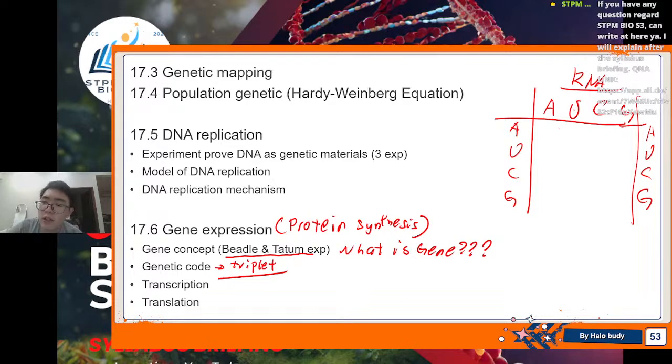So genetic code. So later if you see that you got AAA, AUA. Ini kan saya rasa awak pernah tengok table macam ni. So this specific genetic code will correspond to one type of amino acid.